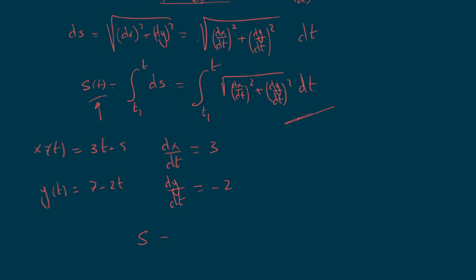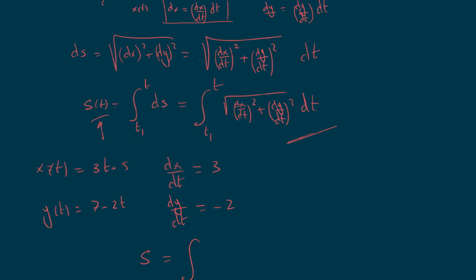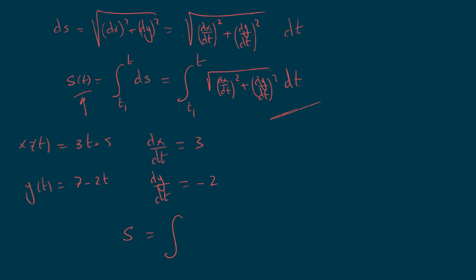So s is the integral from time t1 equal minus 1 to 3 of the square root of (dx/dt) squared, 3 squared, plus (dy/dt) squared, minus 2 squared, 4, by dt.